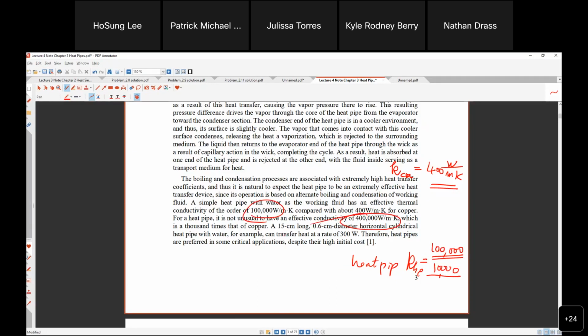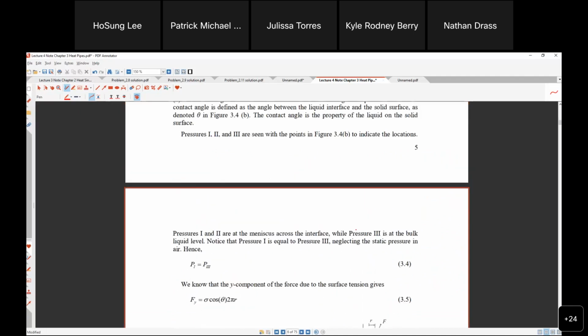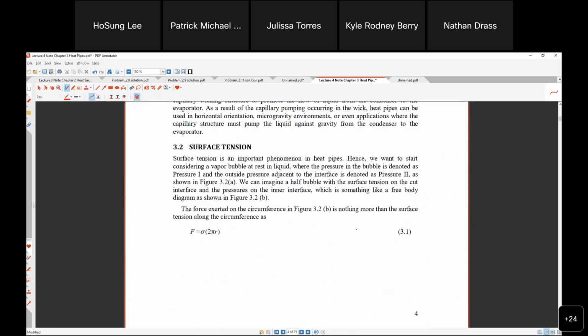So heat pipe is almost a superconductivity. So it may be useful. Okay. No other material can be higher than 400. But the heat pipe can go 100,000 easily. So that we're going to study and see what's going on.